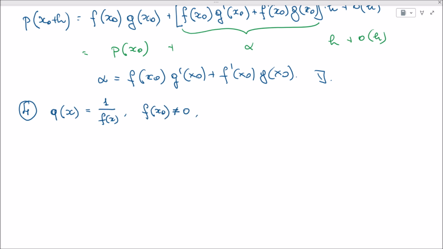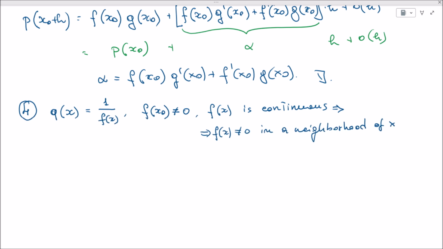But because f of x is continuous, this implies that f of x is different from 0 in a neighborhood of x naught.